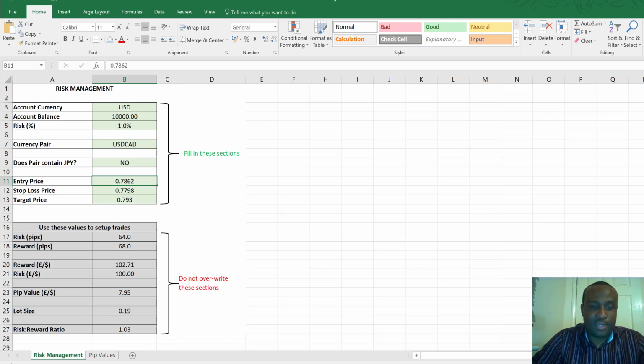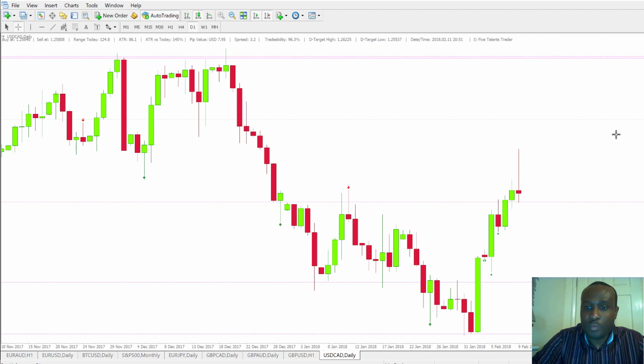As a simple example, let's say our entry will be 5 pips below the low, and the low in this case is 1.25595. So that will be 1.2554.